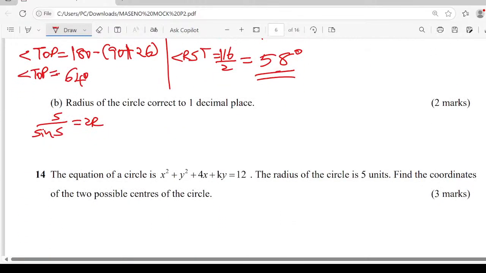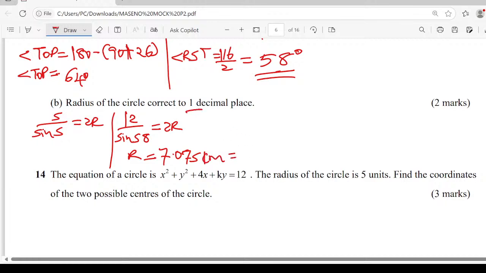So I'm going to have 12 over sine 58 being equal to 2r. So my r here is now going to be 7.0755 centimeters, which to 1 dp will be 7.1, using the sine rule.